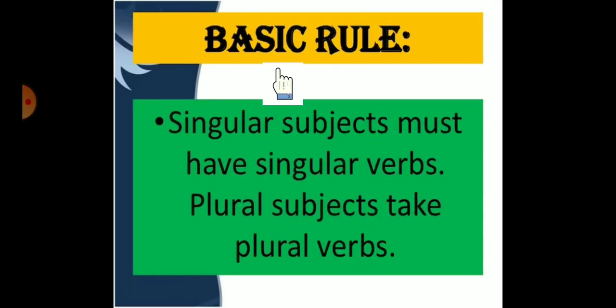The whole subject and verb agreement depends on this basic rule: singular subjects must have singular verbs and plural subjects take plural verbs. It is a very important and basic rule of subject and verb agreement.